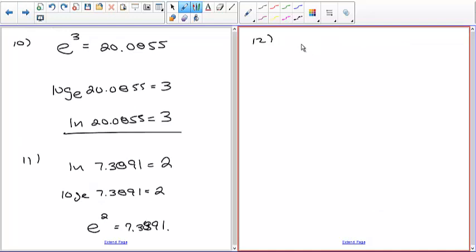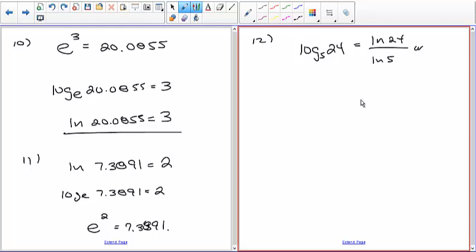The change of base formula. So our calculators only do log base e and log base 10. But the change of base formula says you can do either one. You can take the natural log of 24 and then divide by the natural log of the base.